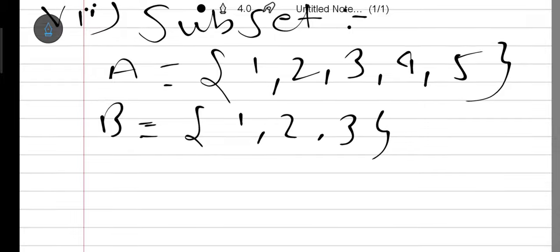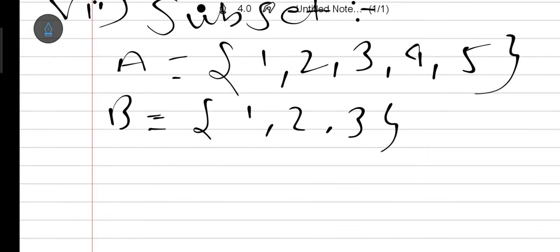Here you can clearly see that all the elements of B are present in A. So we can say that B is a subset of A.